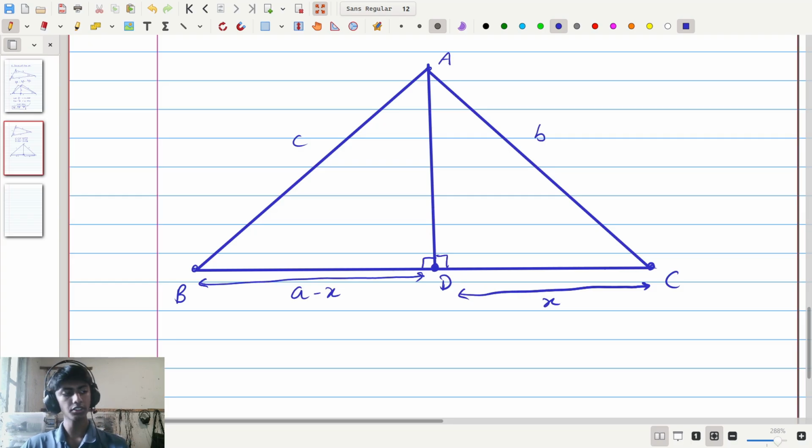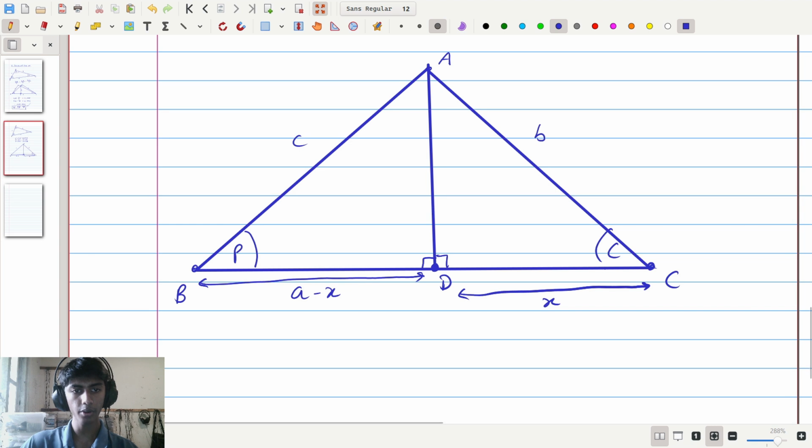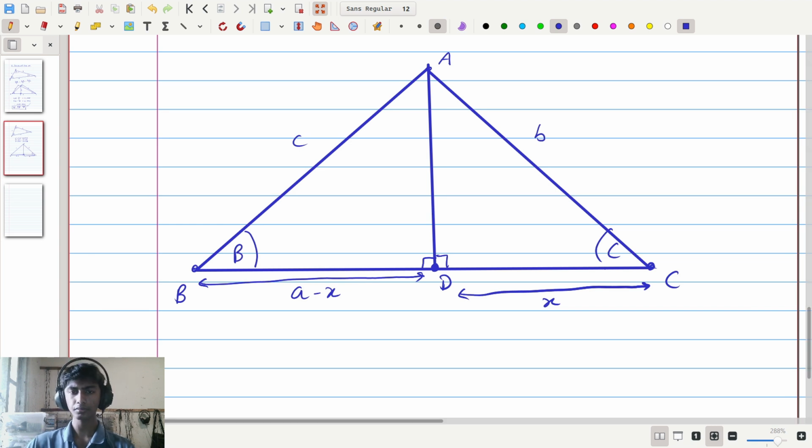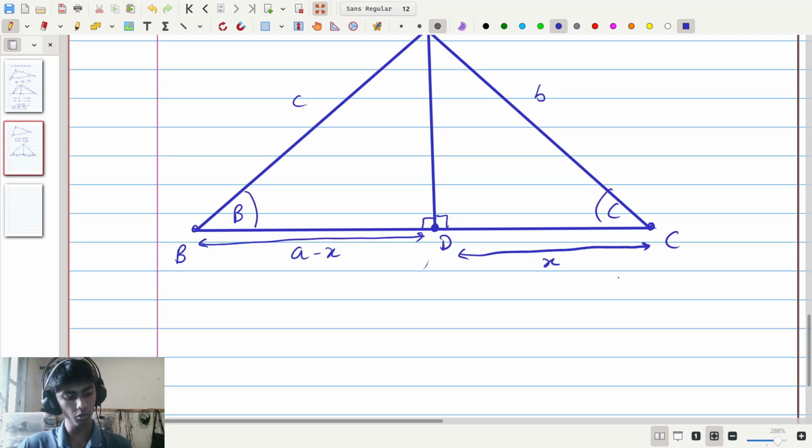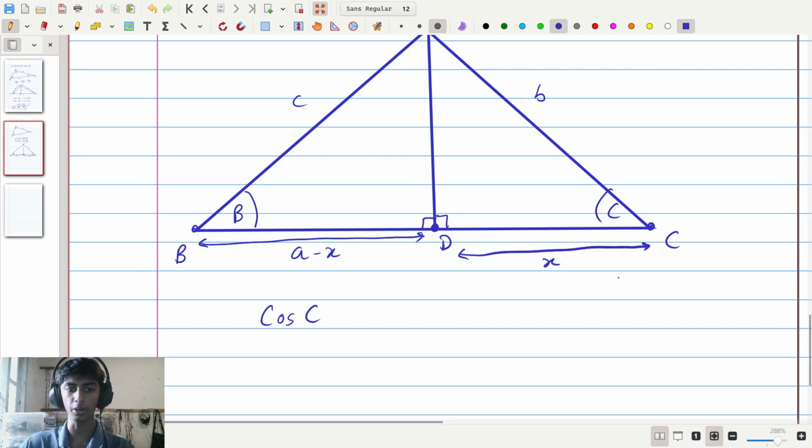So now let's use our trigonometric relationships to try to find what each of these values are. So here this angle is C, this angle is B, and we are going to ignore angle A for now. Considering the triangle ADC, if we try to figure out what cosine of C is, let's just write that down.